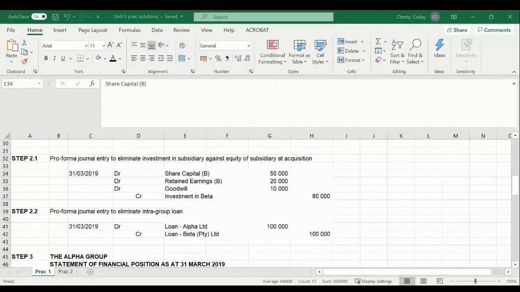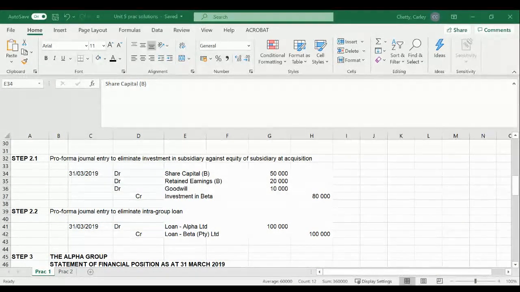So that is fine. In the separate financial statements, there's nothing wrong. In Alpha's financial statements, there's nothing wrong with having a loan owing to it from Beta. And in Beta's separate financial statements, it can show this loan owing to Alpha. There's nothing wrong with that. But on consolidation, we are basically adding Alpha and Beta together and seeing it as one company.